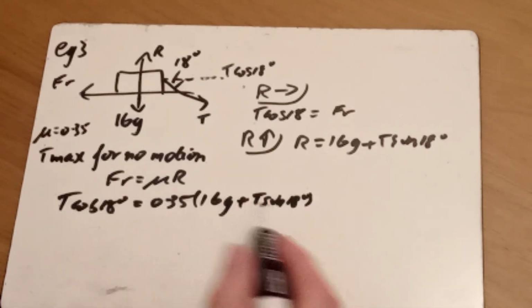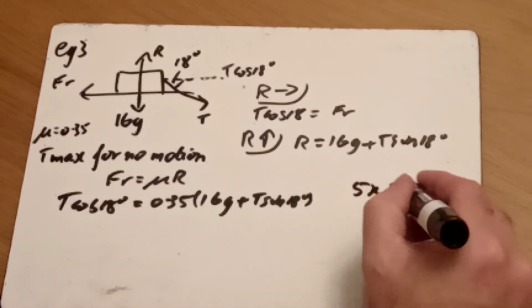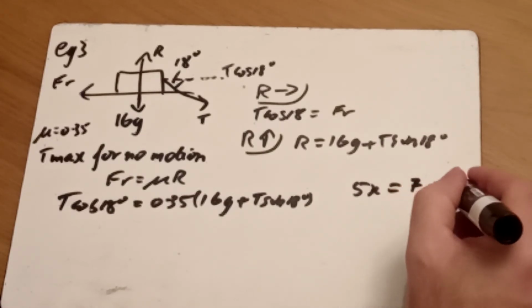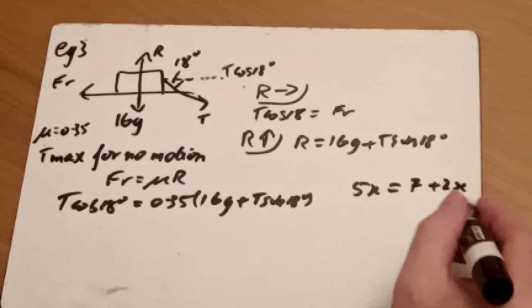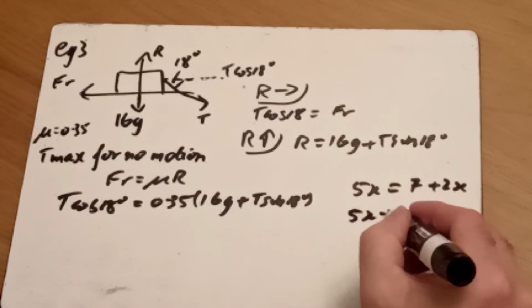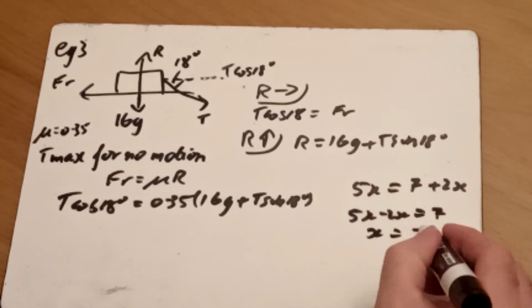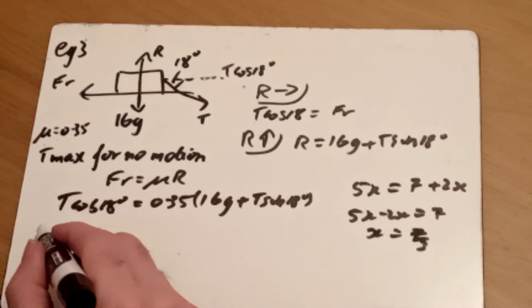Now although this looks like a mess, it's no different than solving an equation like that. How would I do it? Move the x's across. 5x minus 2x is equal to 7. 3x is 7. x is 7 over 3. And we'll do exactly the same thing. Move it across.